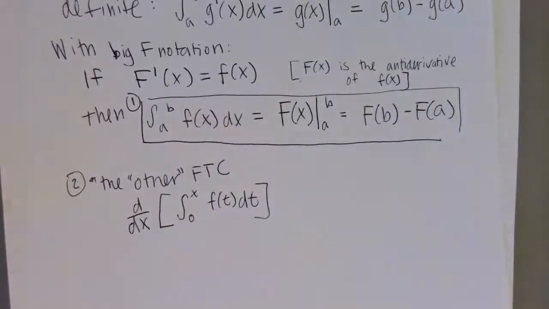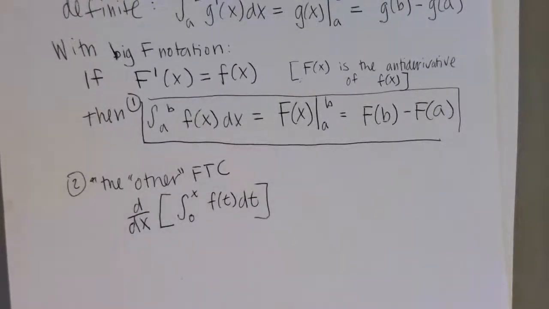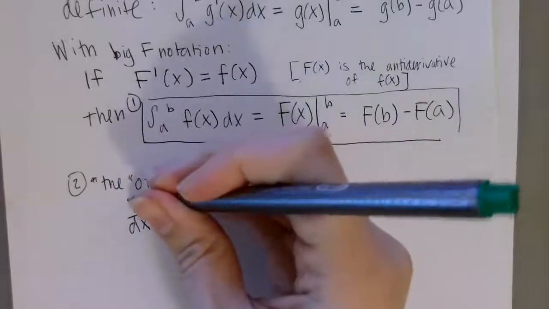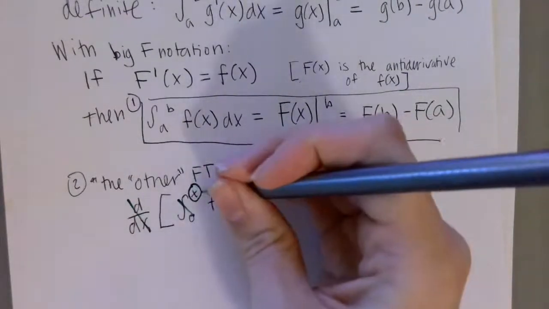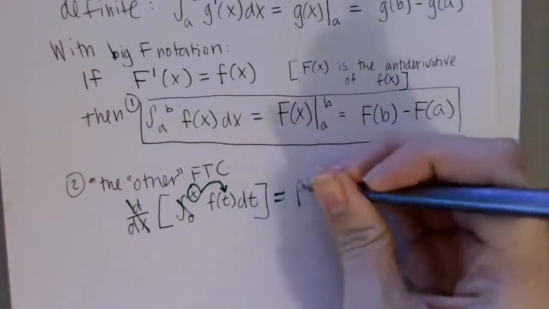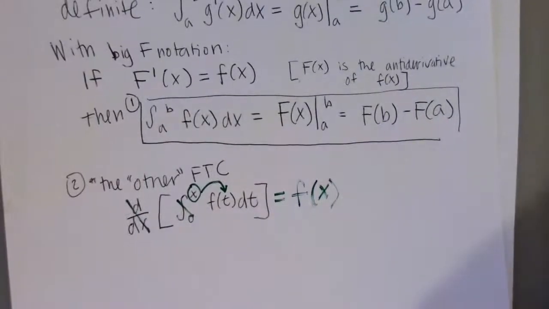So the fundamental theorem should tell us that derivatives and integrals undo each other. So the answer here is that the derivative and the integral undo each other. X gets plugged in, and this results in f of x. There is no plus c because this is a definite integral.